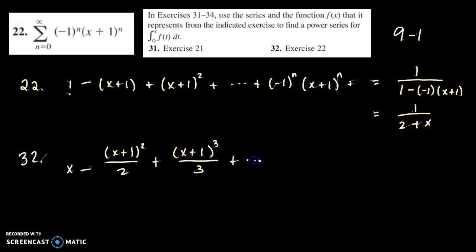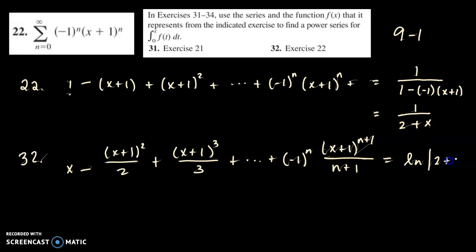And then in the end it would be negative 1 to the n, and x plus 1 to the n plus 1 power over n plus 1. And then the antiderivative of the other side, well, if I use u equal to 2 plus x, I get ln of 2 plus x.